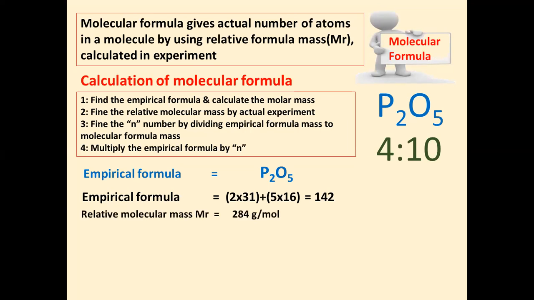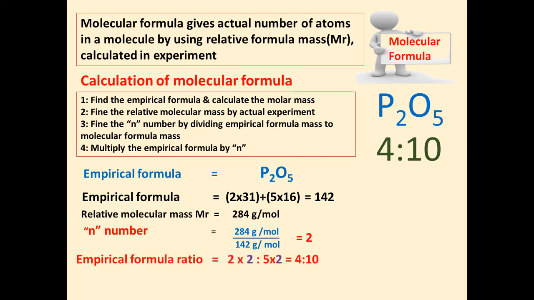The relative molecular mass will be given in the question paper because we calculate it in an actual experiment, and this is 284 gram per mole. We divide the relative molecular mass by the empirical formula mass, and this gives us 2, so n is 2.